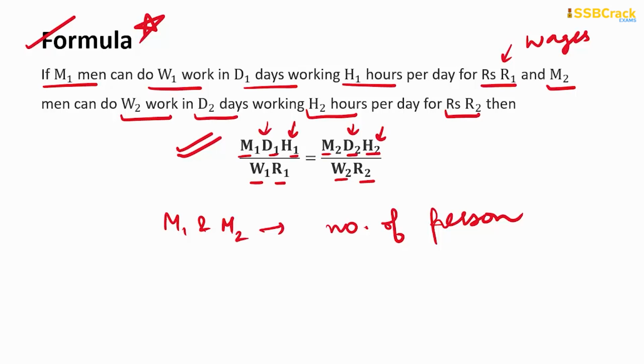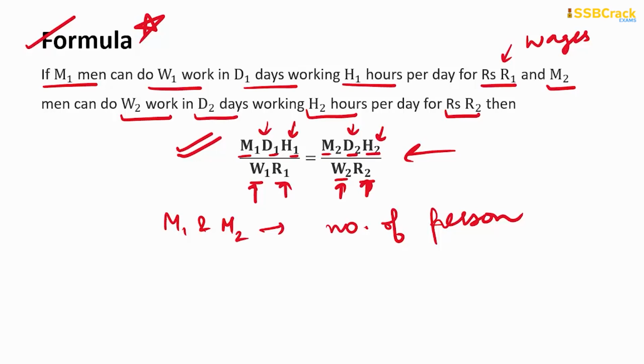Then W1 and W2 is the amount of work that they have completed, right? And R1 and R2 I have already told are the wages that they are getting for doing their part of the work, right? So we can modify this formula according to the requirement of the questions.